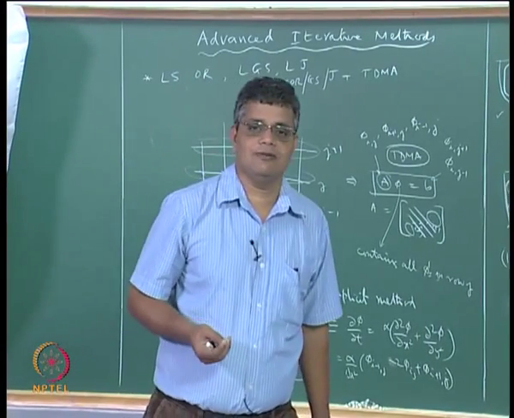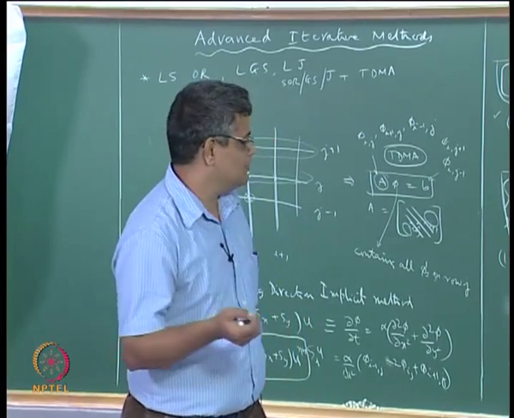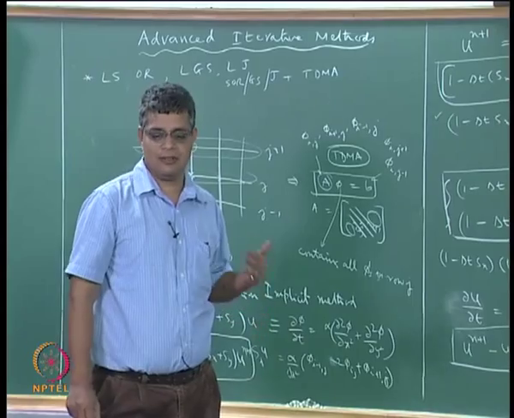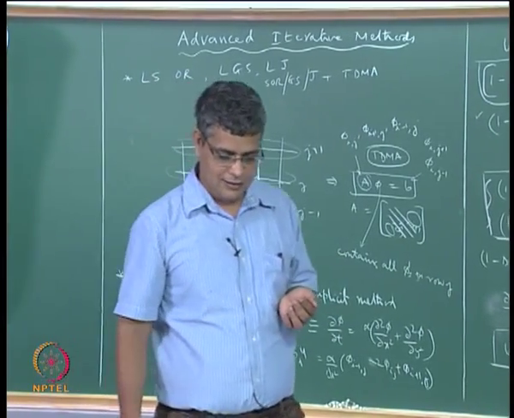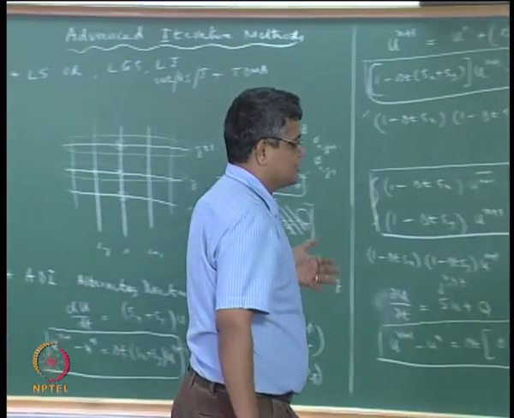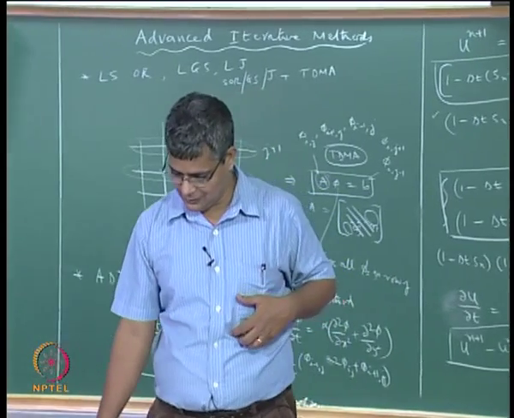For example, we have looked at the pressure correction equation as one example where the ADI method can be effectively used, because that is a Poisson type equation without involving any convection terms. Therefore the stability of that method is guaranteed. Okay. So in such cases we can make use of this method.